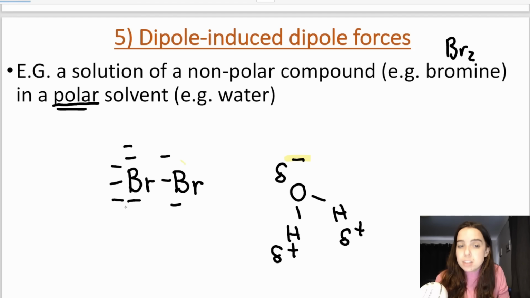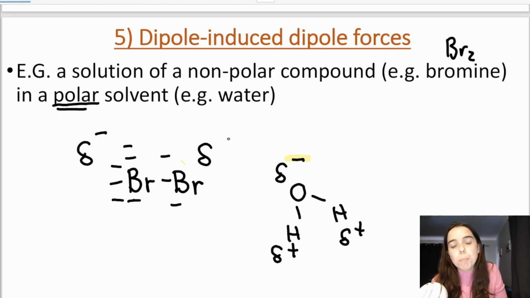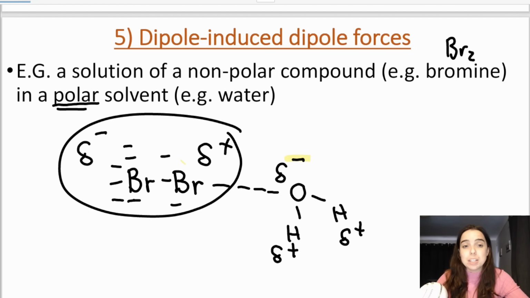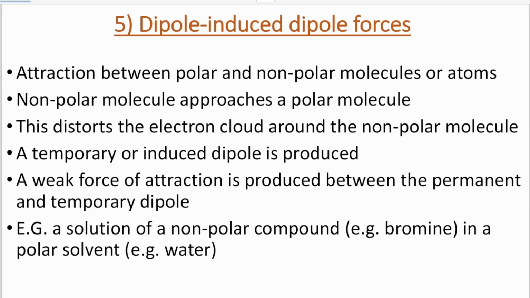That will leave this side of the molecule partially negative and this side of the molecule partially positive. So again, we have induced a dipole. We have taken something that is non-polar, that is even charge distribution, and we've induced, or we've created, a dipole. And then they get attracted to each other. That is where the intermolecular force comes in, called dipole-induced dipole. So there's an explanation of that if you need it.